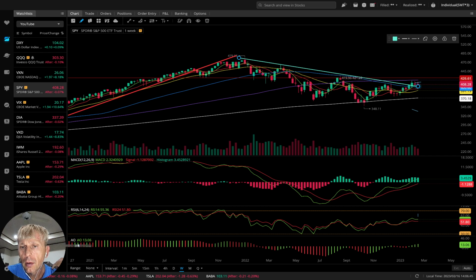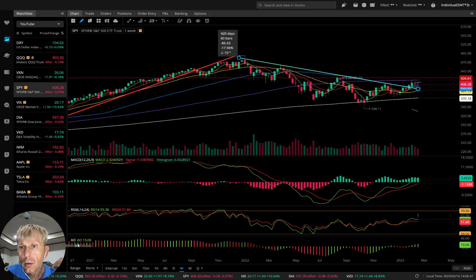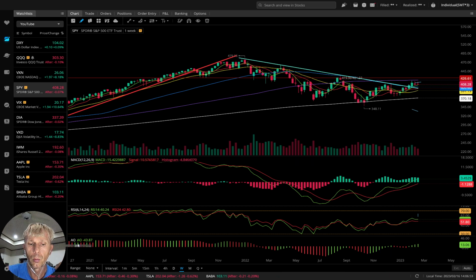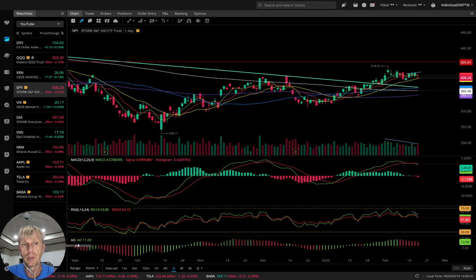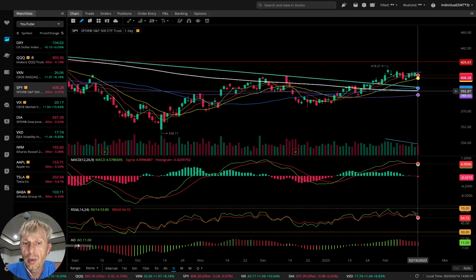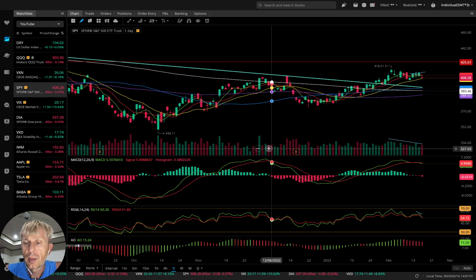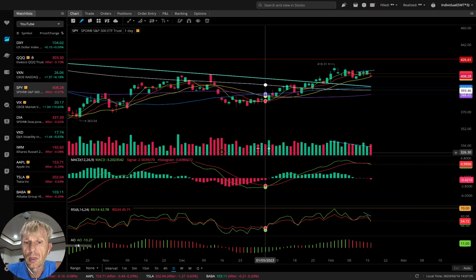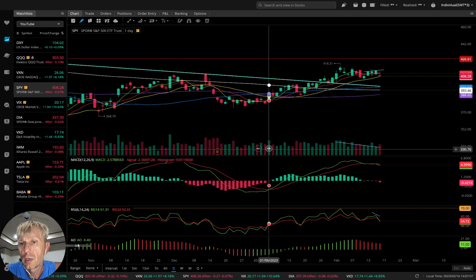Okay, let's move back to daily. Daily for SPY. It's a bearish hammer for SPY. MACD did bearish crossover. Let me maximize it to show it to you.